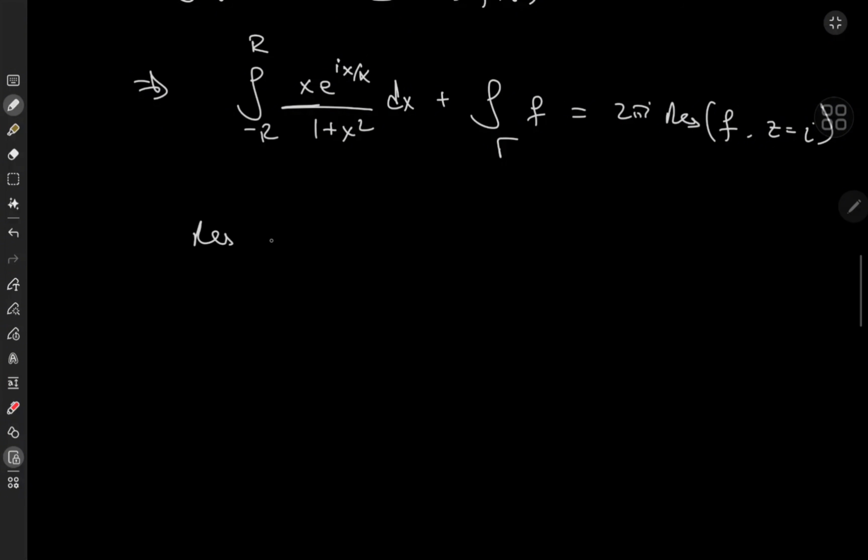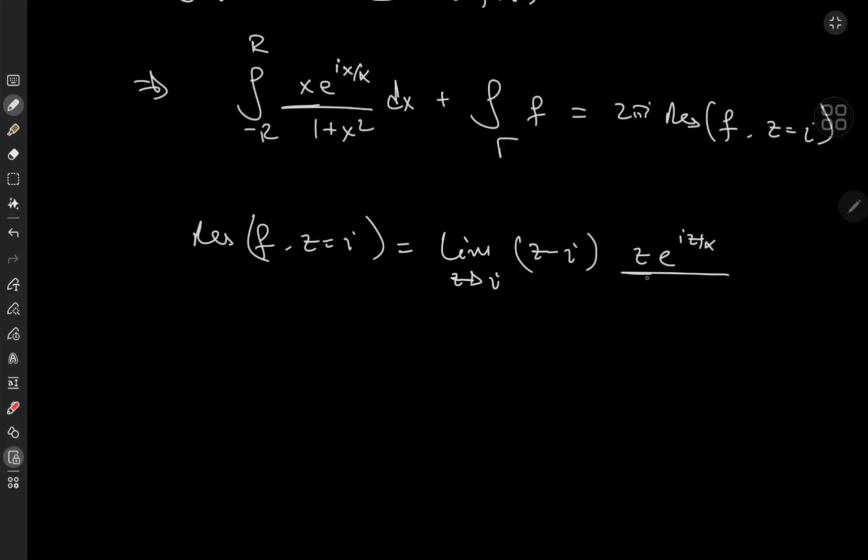The residue of f at z equal to i will be given by the limit as z approaches i of z minus i times our function, that is z times e to the i z over alpha over 1 plus z squared, which is just a z minus i times z plus i term.